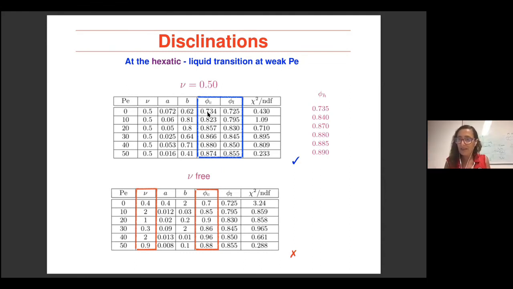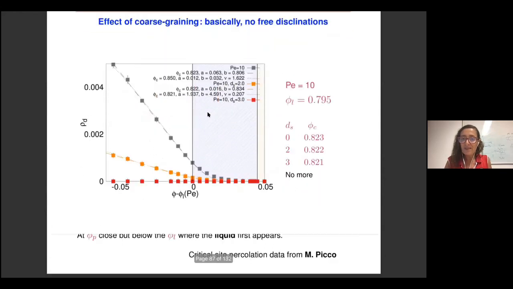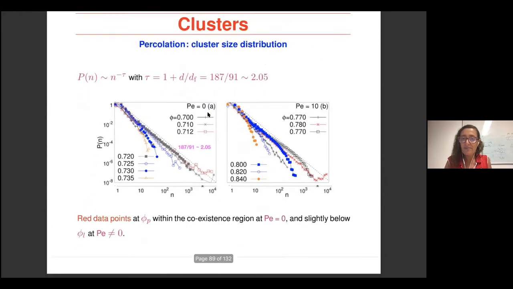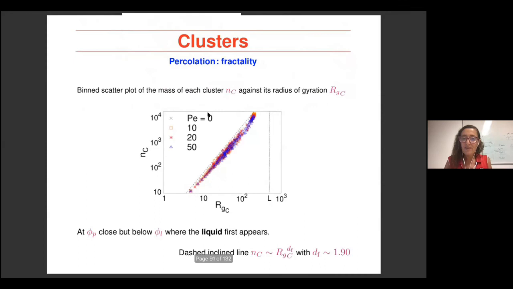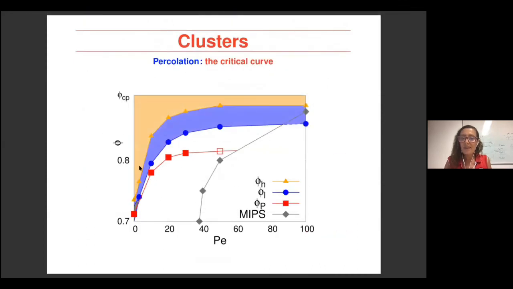I think I have it here. This red curve tells you the line on which these clusters of defects percolate, which we studied as well. So you have a critical percolation phenomenon arising within the liquid.